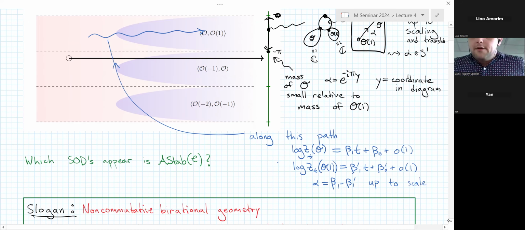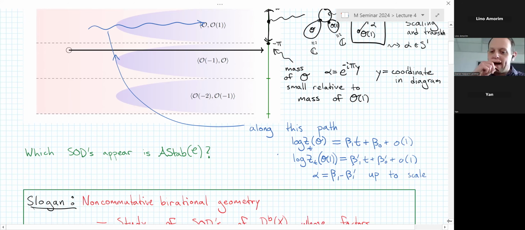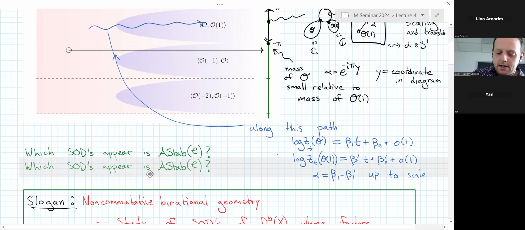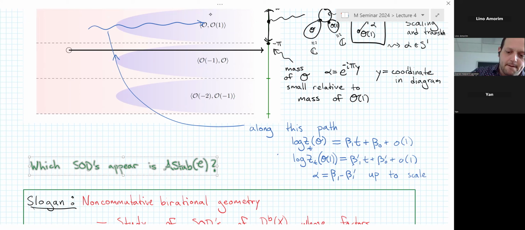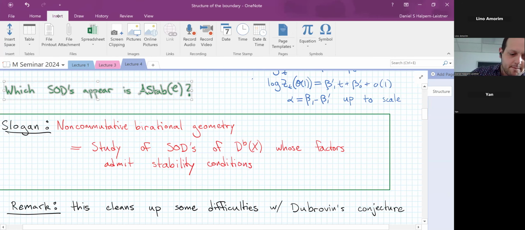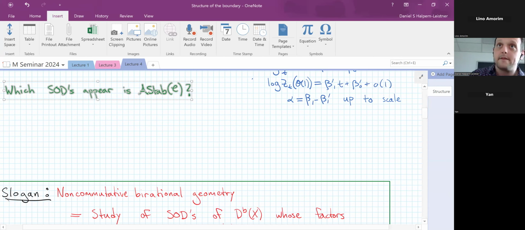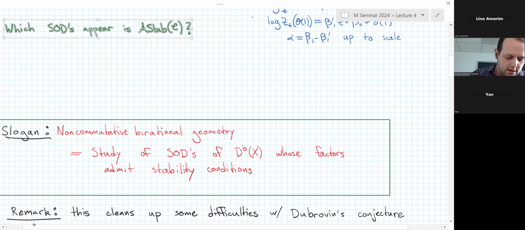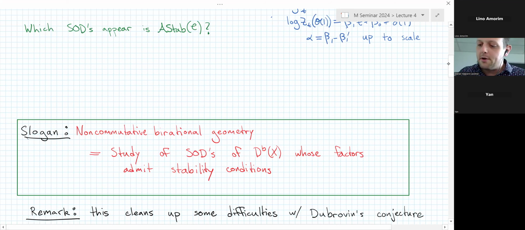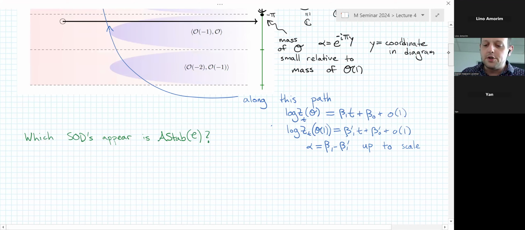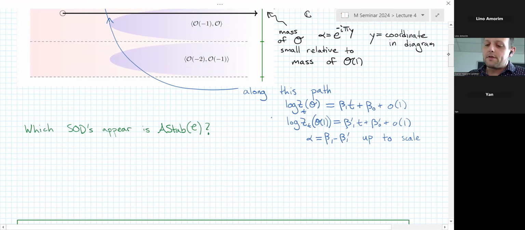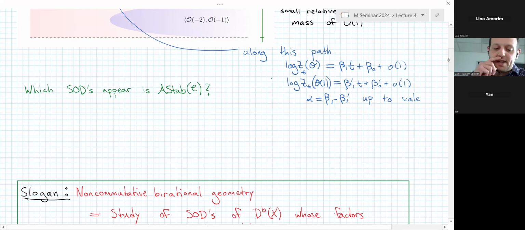And so that's the idea: if you want to find semiorthogonal decompositions in a derived category, which is something we want to do, and what I just said on the first day, we're looking for these canonical semiorthogonal decompositions, you should be considering paths in the stability manifold for which the stable objects have these kinds of asymptotics.